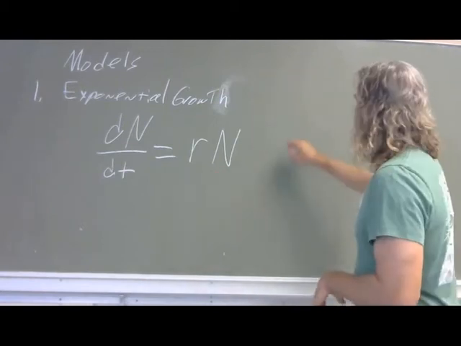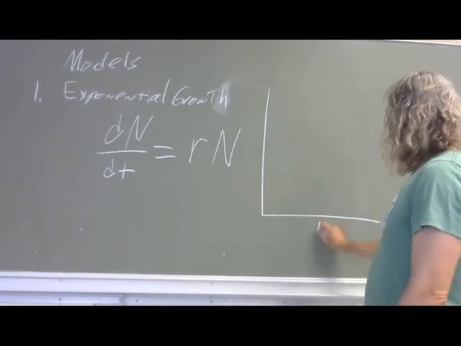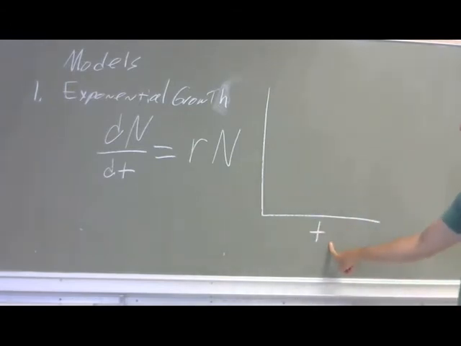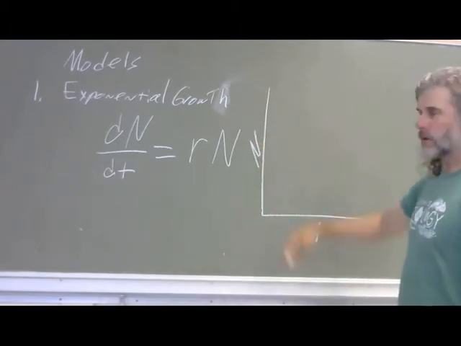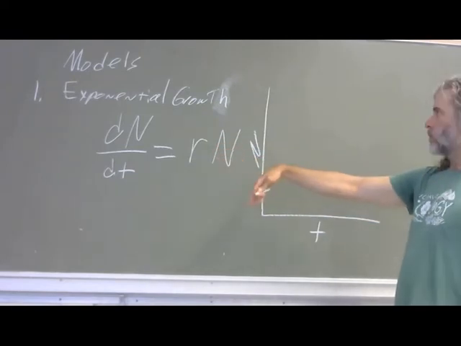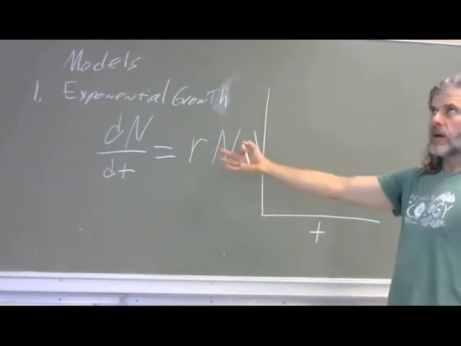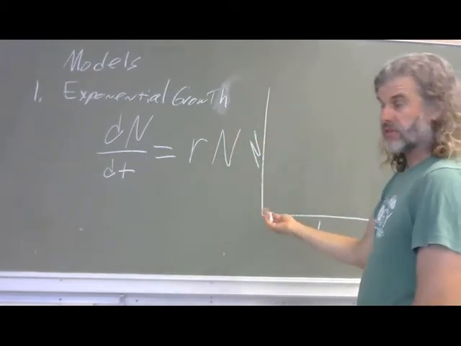This model results in the following kind of dynamic. We've got time here on the x-axis and n, which is our population size. Pardon my horrible handwriting. And what's very notable about this model is how it behaves once you start to plug in some information.